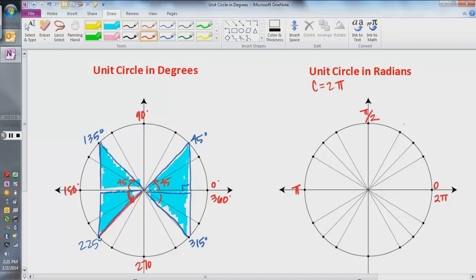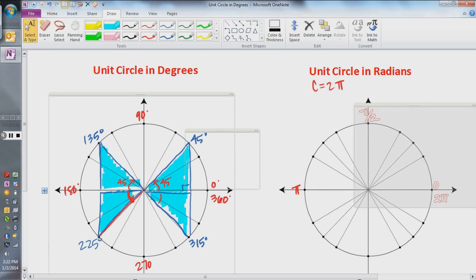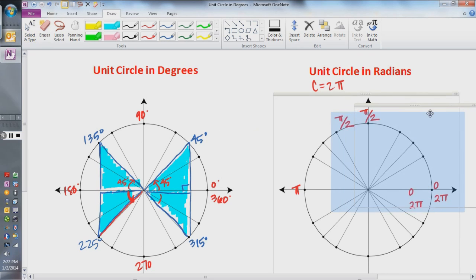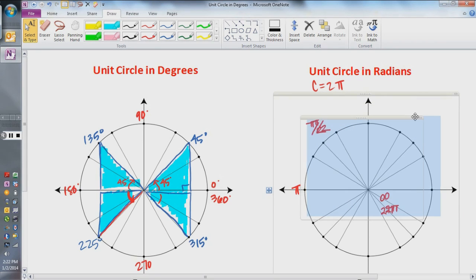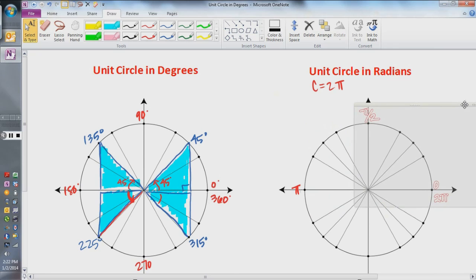And from here we can count. Okay. All right.